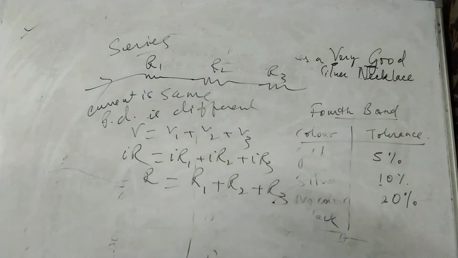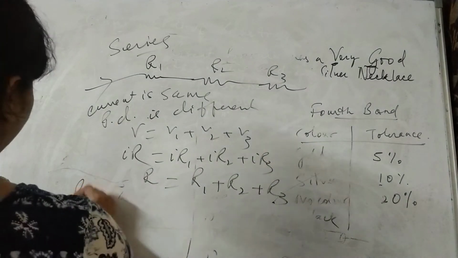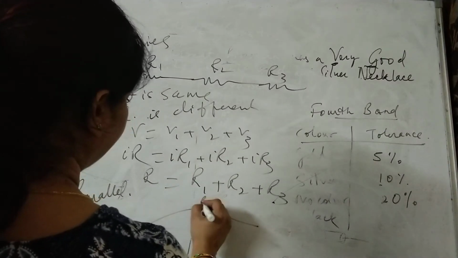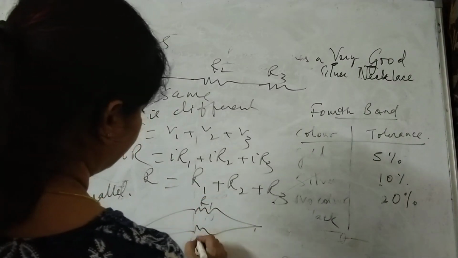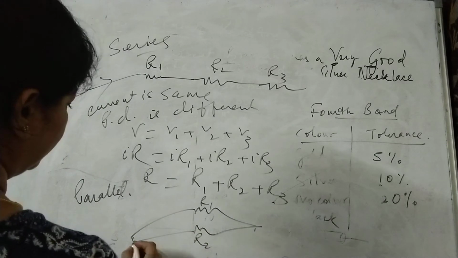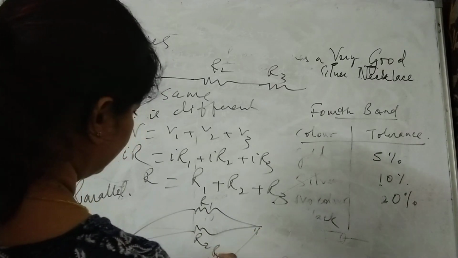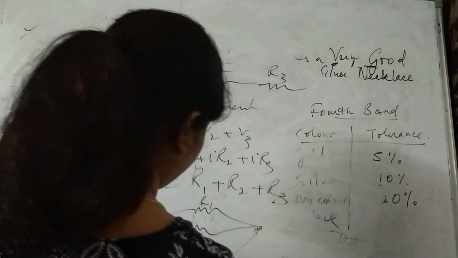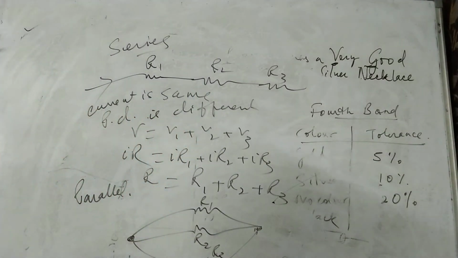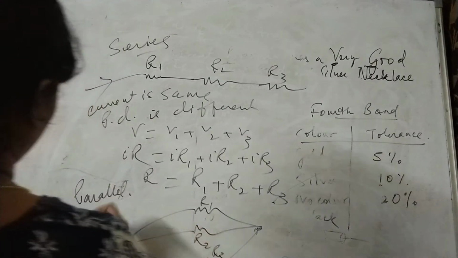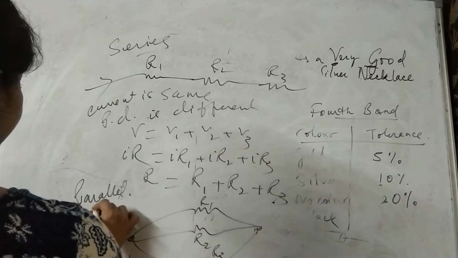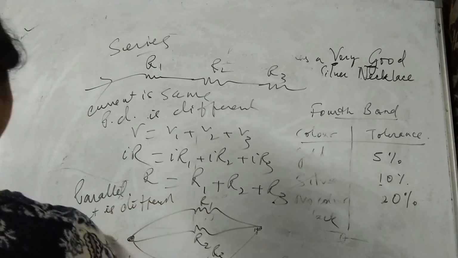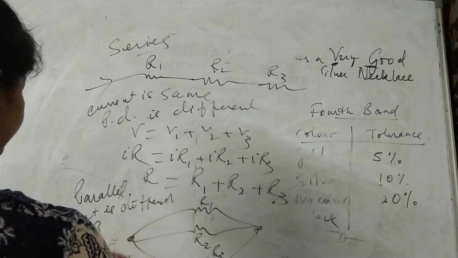Right? Now next, when you join in parallel, this is one resistance R1, this is another resistance R2, this is another resistance R3, and these are the two points. So you have a common potential difference. When they are joined in parallel, the current flowing is different, but the potential difference is the same.